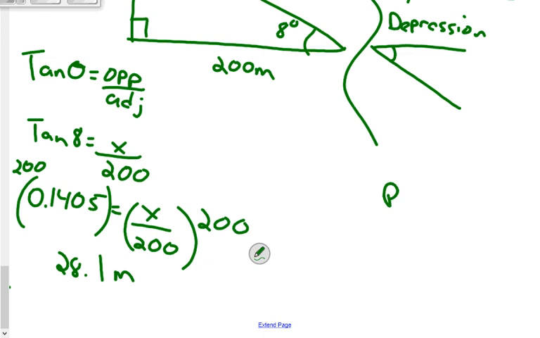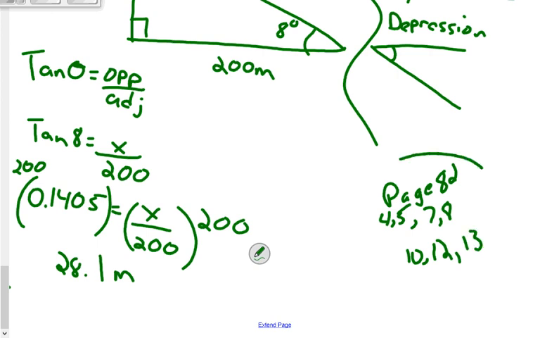On page 82, do 7, 8, 10, 12, and 13. Now, if you look at 4 and 5, there's A, B, and C to do for all those. If you want to just do A and C, that's fine too.